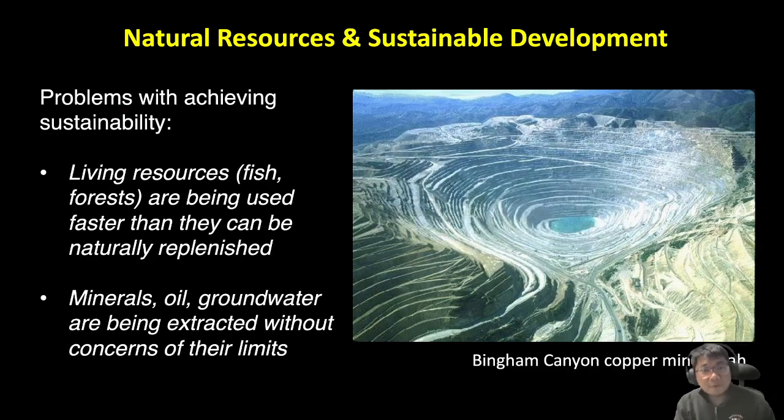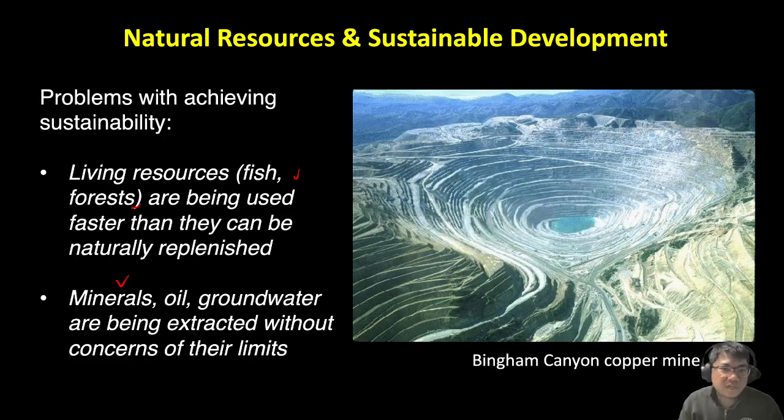Now, there are, of course, some problems with achieving sustainability. For example, living resources like fish, maybe forests, or trees, are being used faster than they can be naturally replenished, and this would cause some problems. Not only that, minerals. Copper, for example, or lithium. Lithium is an element that we use for our batteries, for your phone batteries, for your laptop batteries.